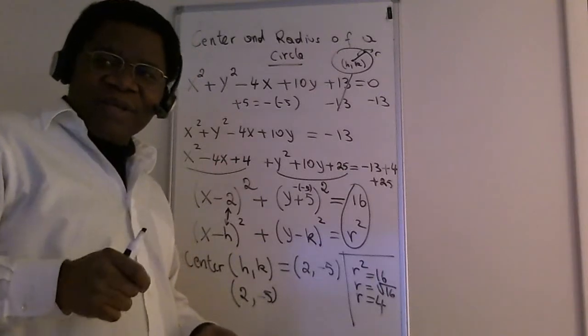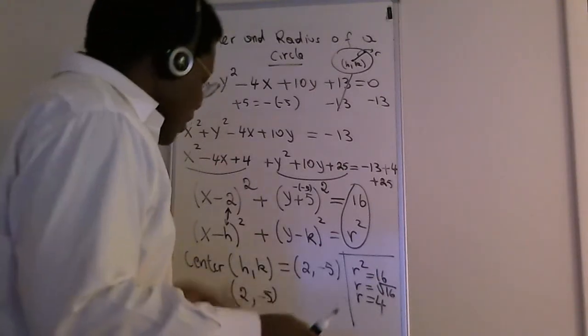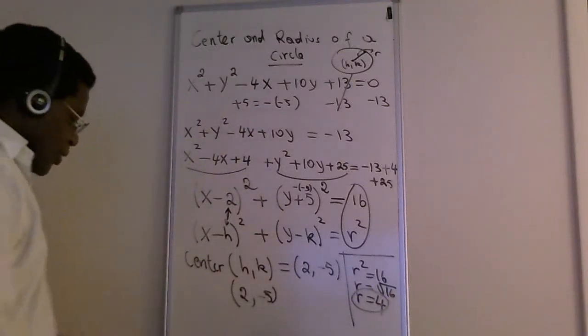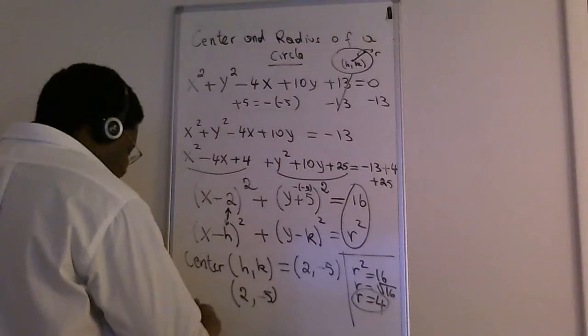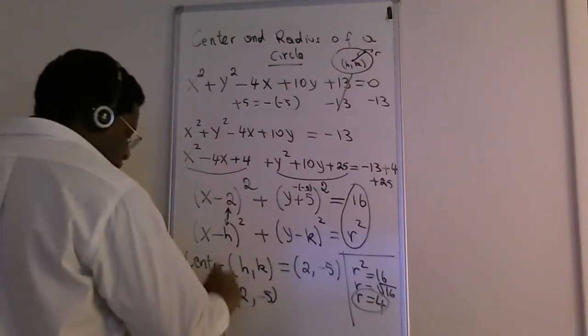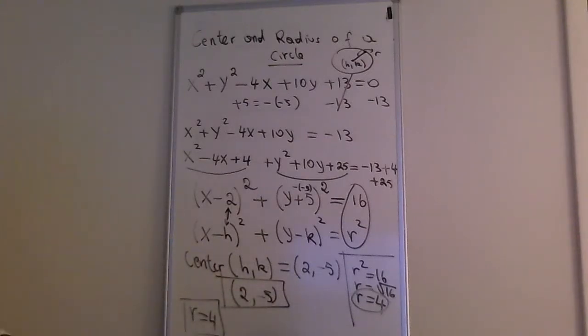That's why we're only getting r equals 4, not negative 4. Okay? So hence, the radius is 4. So now, we know this circle is centered at 2, negative 5, and has the radius 4.